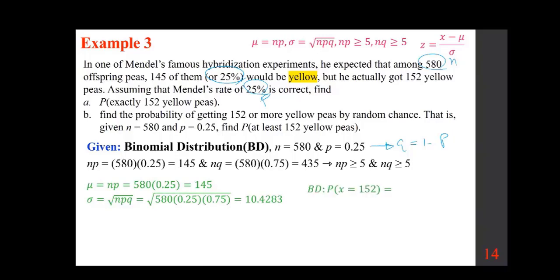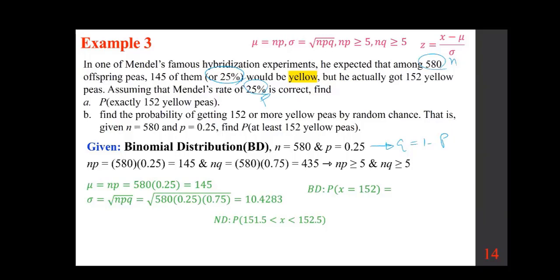When you have one value, to go to normal approximation, you introduce the 0.5 continuity correction factor, so you add and subtract both. So x is in between 151.5 and 152.5. The next step is SND.